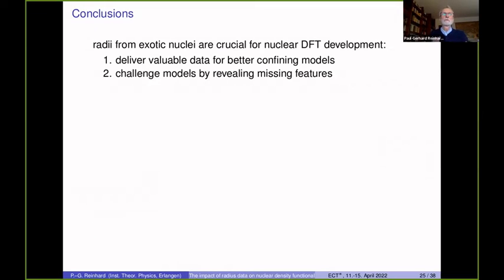I come to my conclusion. Radii from exotic nuclei, as I hope I've convinced you, are extremely crucial for nuclear DFT developments. They deliver valuable data for better confining models, and they challenge, not to say blame, the models by revealing missing features.